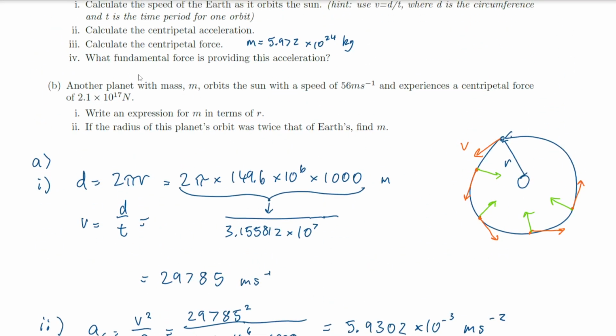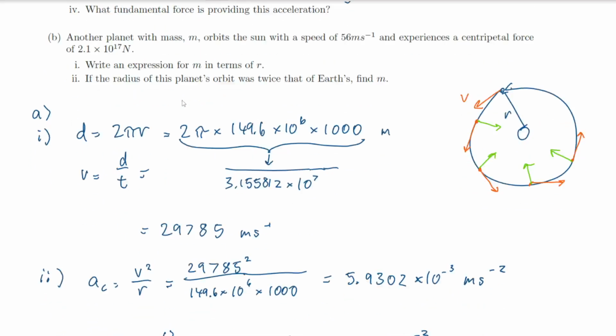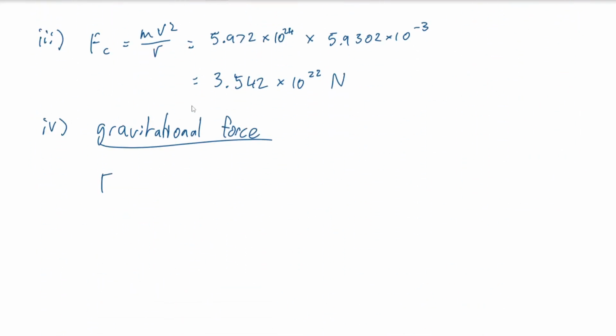That question was pretty easy. It just asked us what is the force, but if you don't know it, there is this formula: Fg is the gravitational force, and it depends on the mass of the two objects, in this case the mass of the Sun and the mass of the Earth, and the distance between them squared.